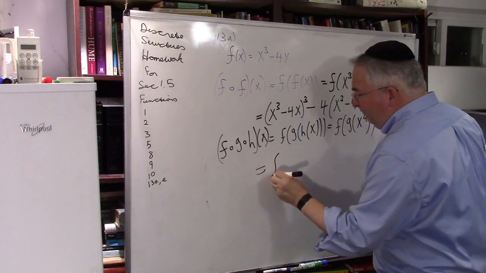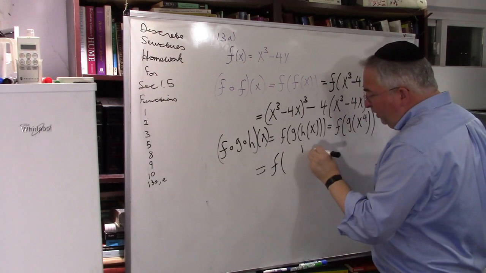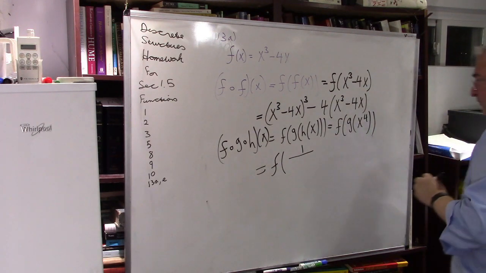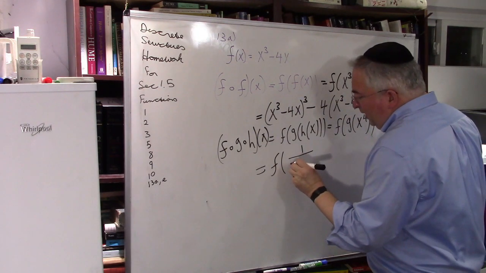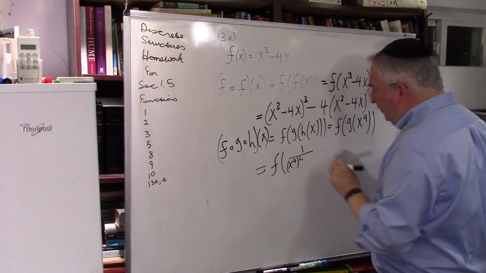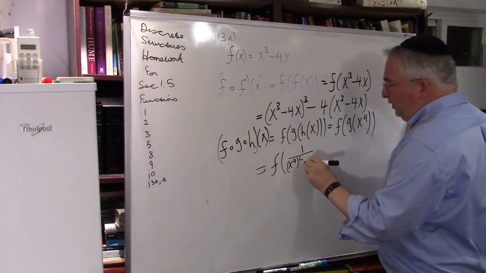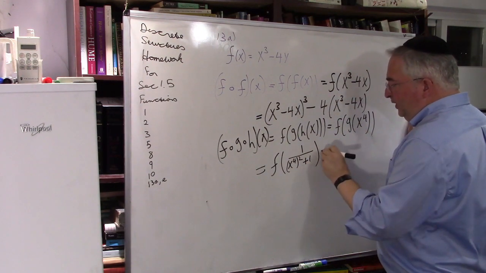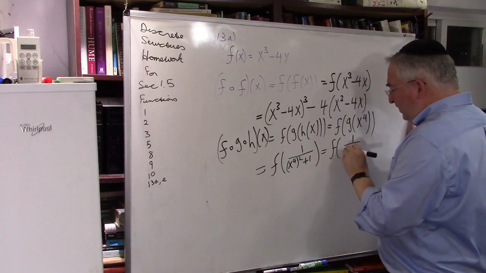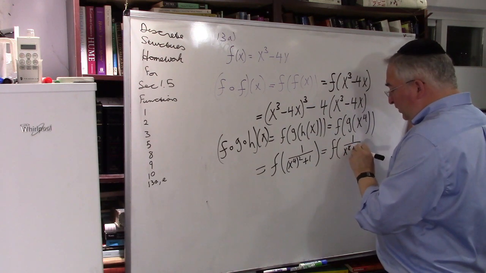So this is F of 1 over X to the 4th squared plus 1. That's 1 over X to the 8th plus 1.